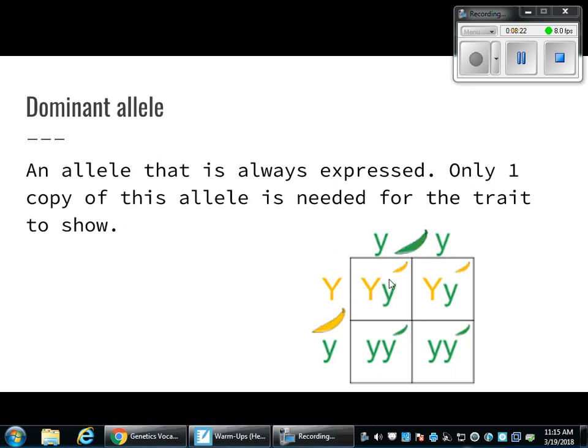This one here has one yellow allele and one green allele. However, the dominant one is the yellow one, and we know that because we get a yellow pea pod. So we only need one of it to show up. It's a dominant. And you'll notice here that dominant is always represented by a capital letter.